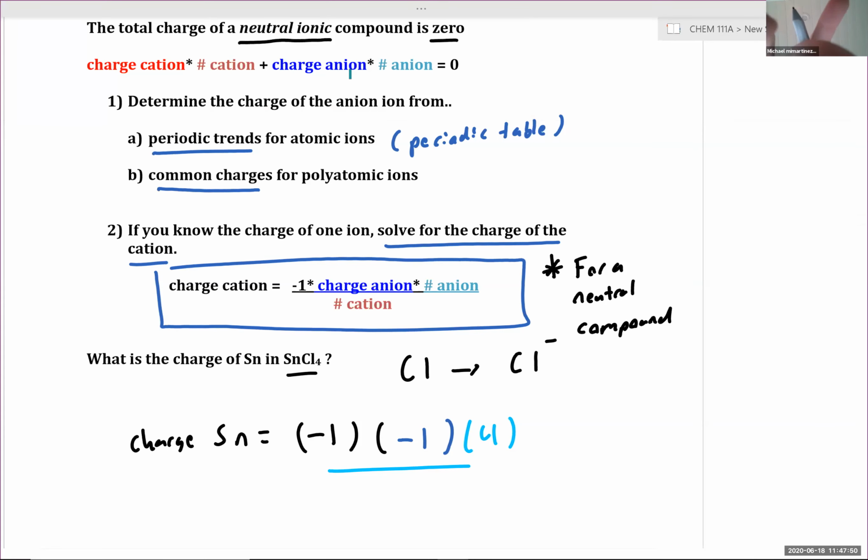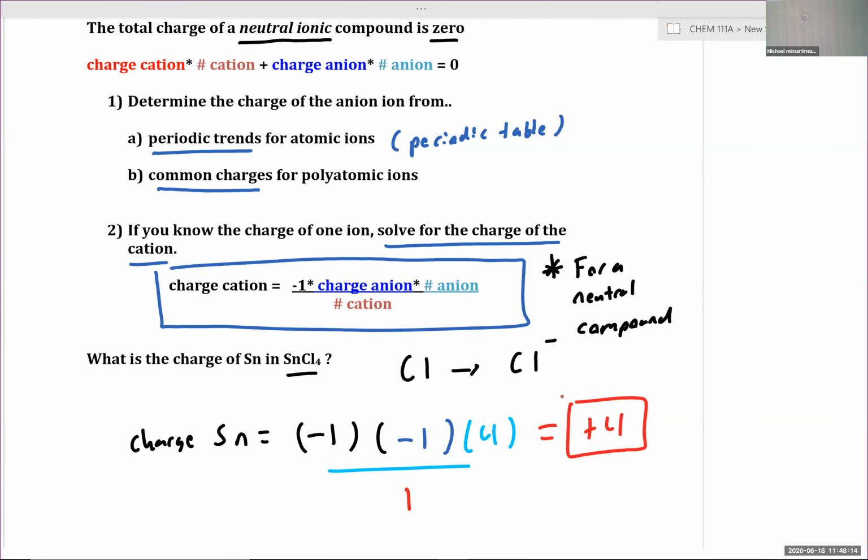And how many cations do we have? How many tin atoms do we have? Just one. So that in turn gives us a charge for tin of +4. So this would be tin(IV) chloride.